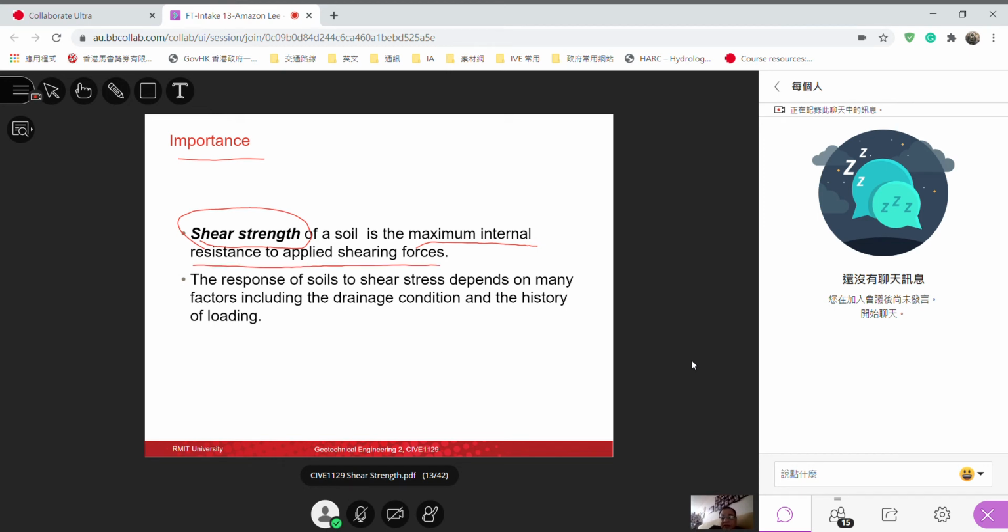That means if we have some soil particles here, imagine this is a soil particle, we have the external applied stress: the major principal stress in the vertical direction, and the minor principal stress in the horizontal direction.